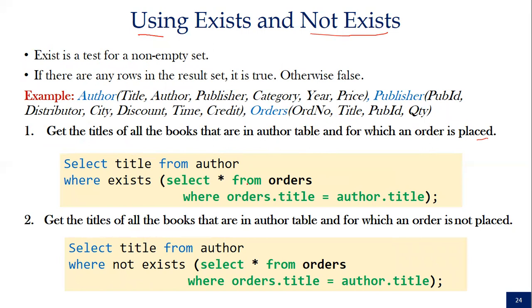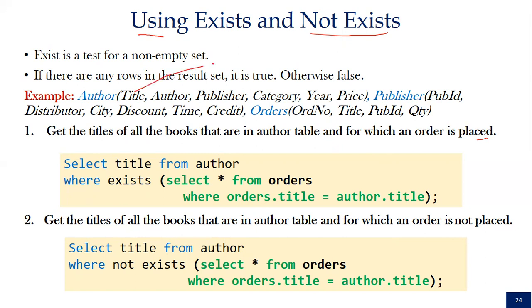So select asterisk from order where order.title equals author.title. Here we check whether any order exists where the order title equals the author title.